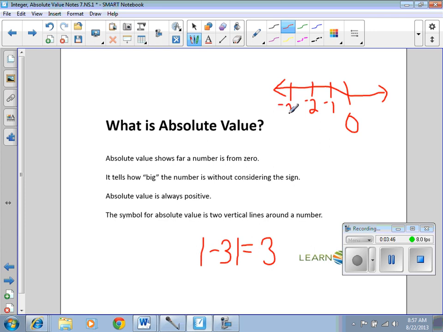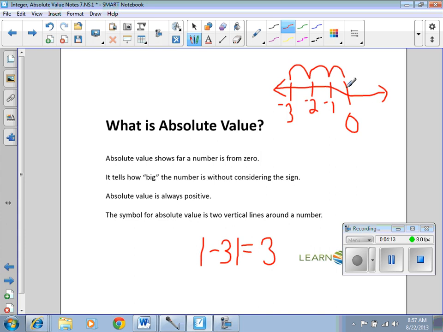Absolute value measures the distance that this integer, negative 3, is from 0. So if I loop 1, 2, 3, I can tell that negative 3 is exactly 3 spaces from 0 on this number line.